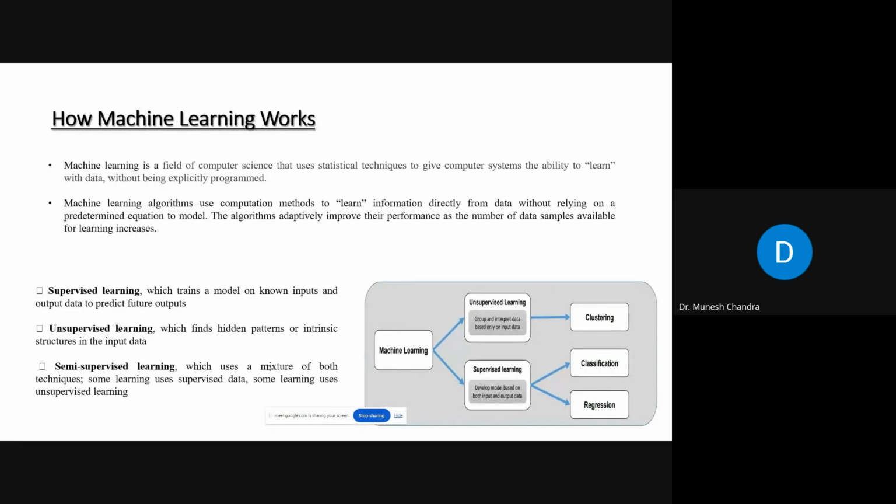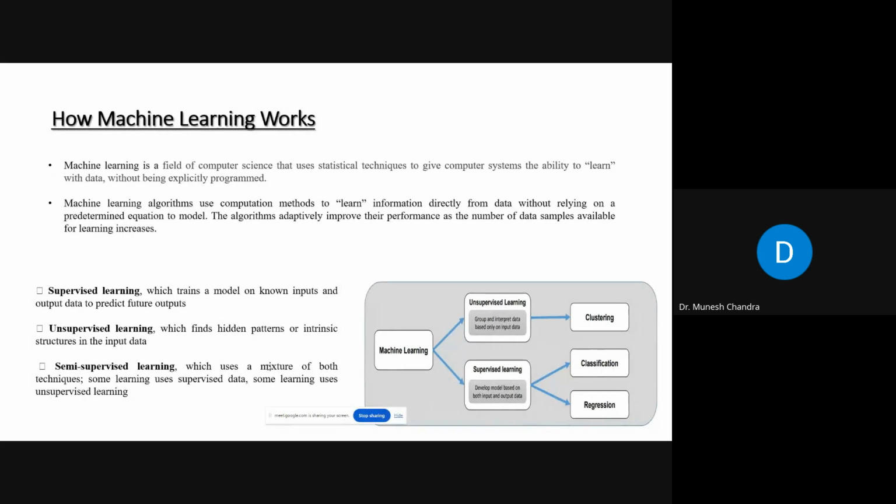So how does machine learning work? As we all know, we are from a computer science background, machine learning algorithms typically fall into three categories: supervised learning, unsupervised learning, and semi-supervised learning. In supervised learning, we know the input and we know the output. With the help of input and output, we train to find patterns.